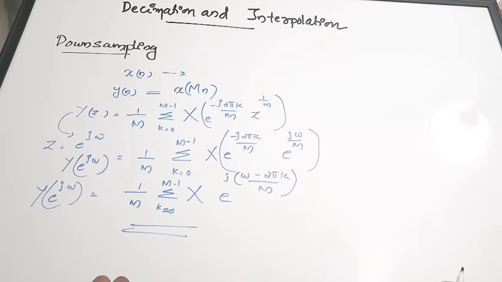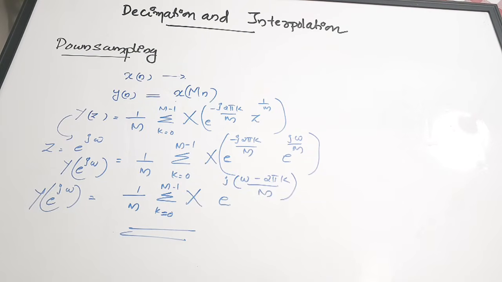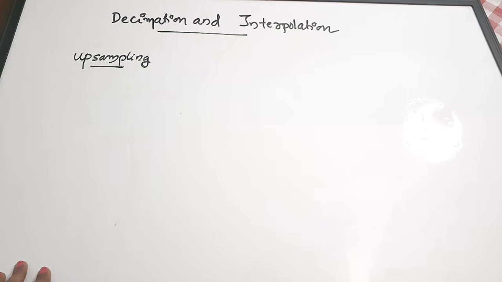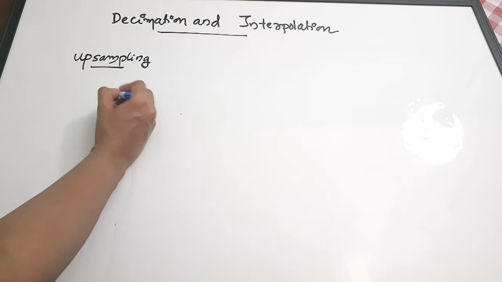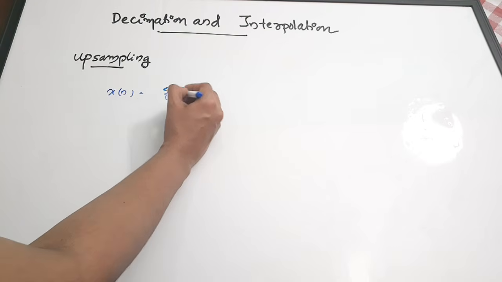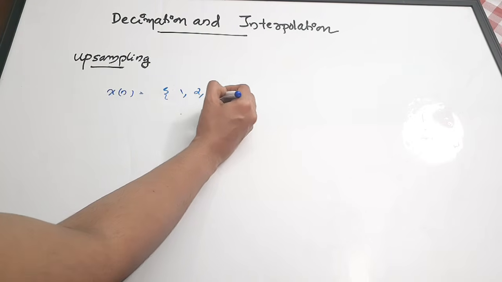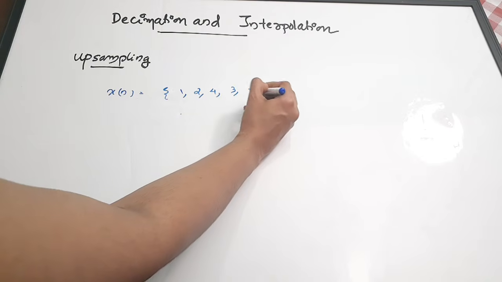Now we are going to see about upsampling and interpolation. So the next topic that we are going to see is upsampling, with the help of an example. Upsampling means it is the process of increasing the number of samples or the sampling rate. Consider that your input x of n is equal to the set 1, 2, 4, 3, minus 2.